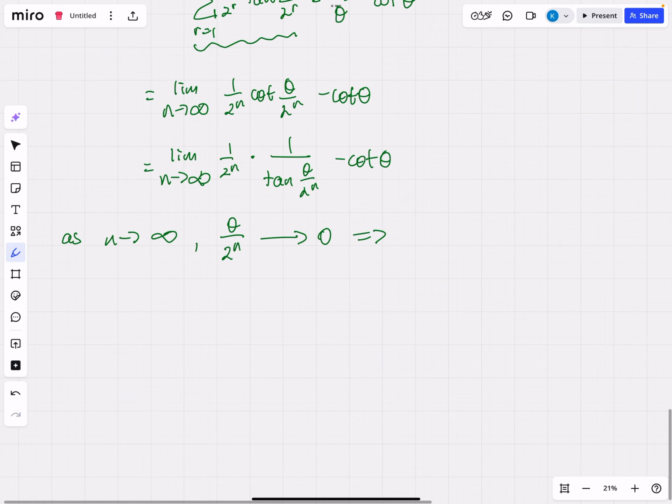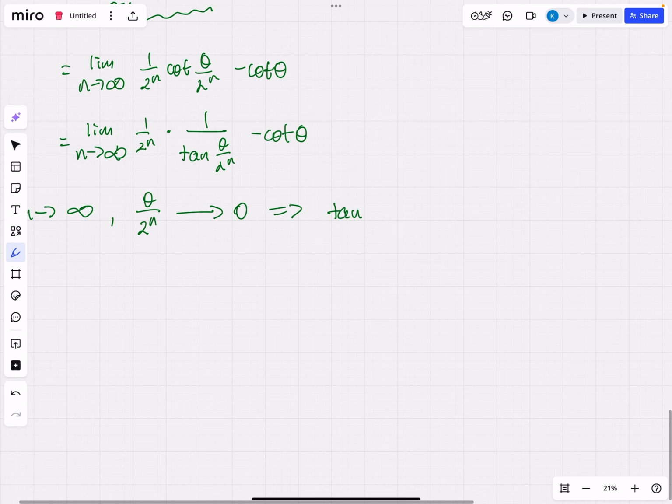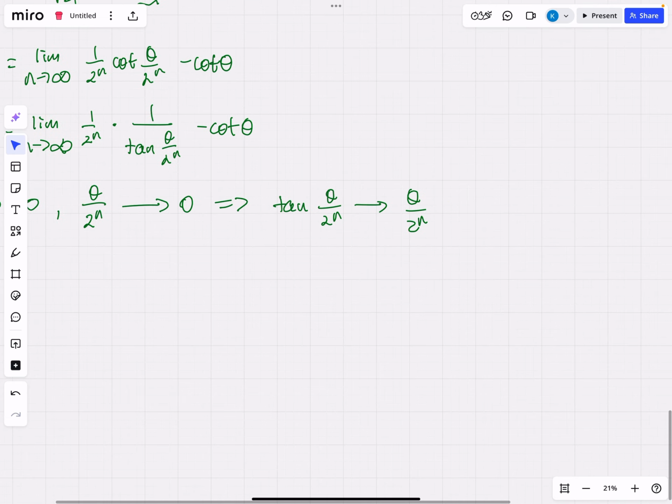Now that implies that tan theta over 2 to the n is going to tend to theta over 2 to the n. Remember, that's by the small angle approximation. Remember your small angle approximation for tan. We know that tan alpha is roughly alpha for small alpha.